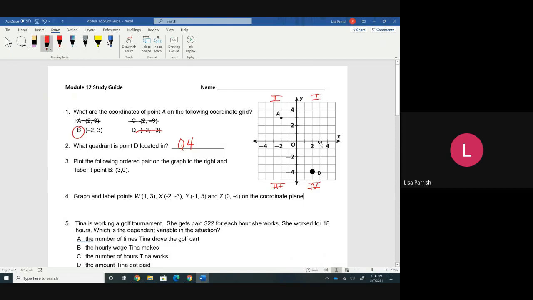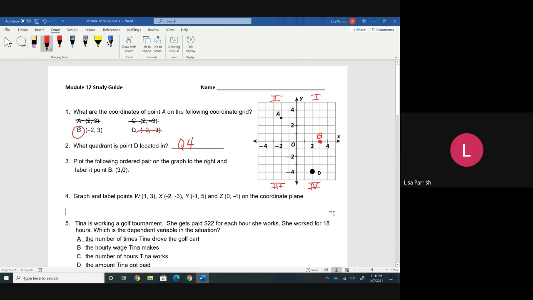Then the second digit is a 0, so that means I do not go up or down. I would stay right here on the x-axis. That is a terrible dot. Let me hold my computer still here. Then label it with a B. I know you couldn't label that on your Google Slides, but you should have a dot there. Anytime you label one, that's what you would do.